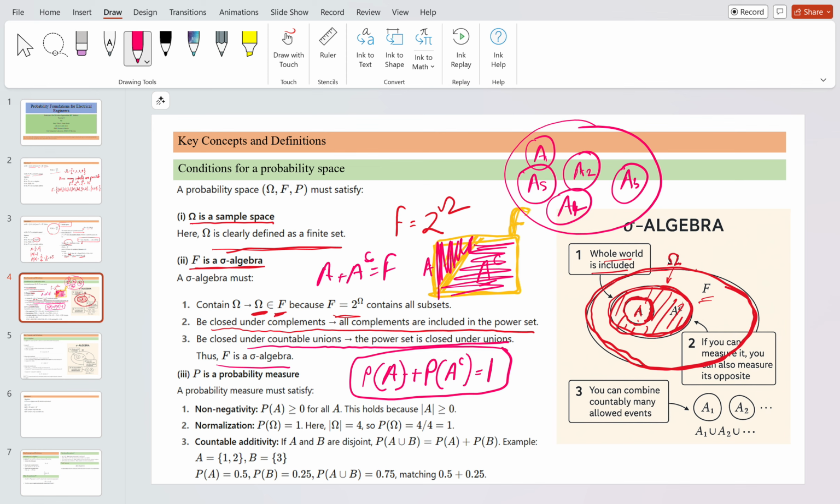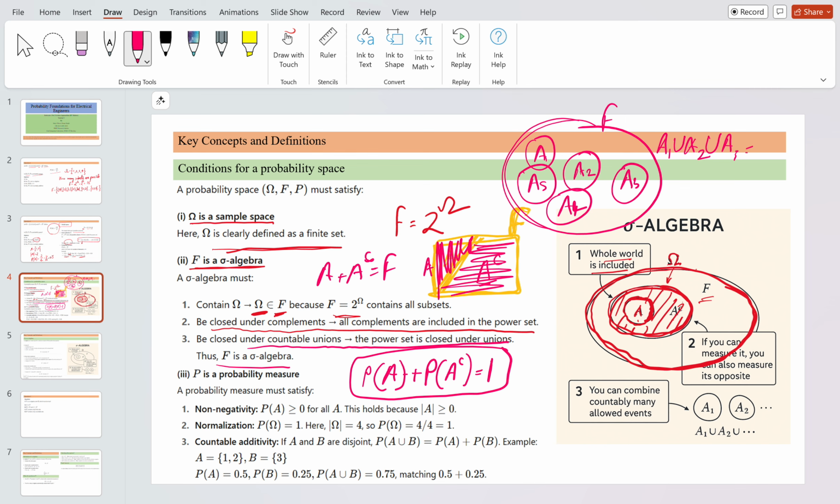When you take the union of A1, A2, A3 and so on, this forms the overall set F. So when these three conditions are fulfilled, you can say that F is a sigma algebra.